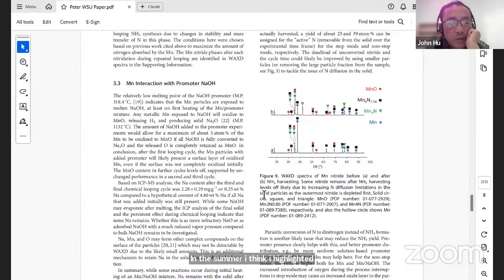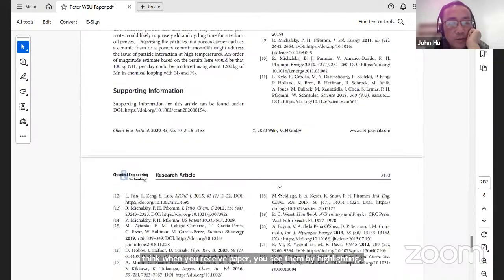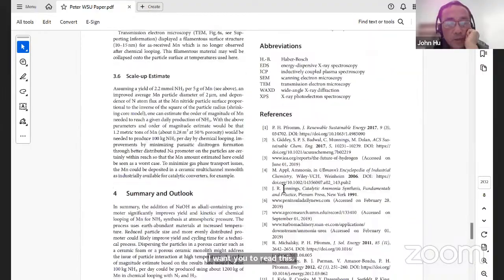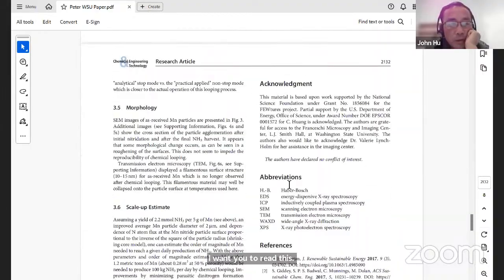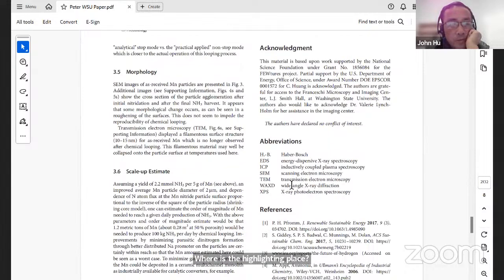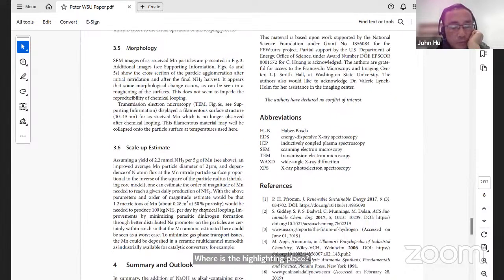Okay. I want you to read this. Where is the highlighting, please? Okay, here we go. It's called the scale up estimate.